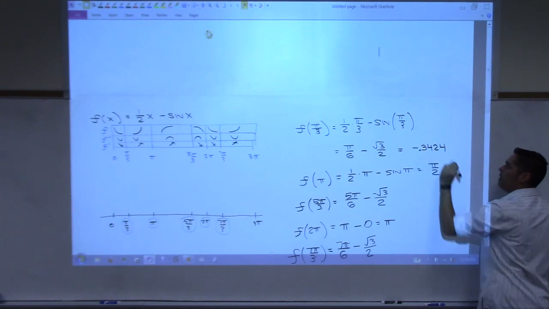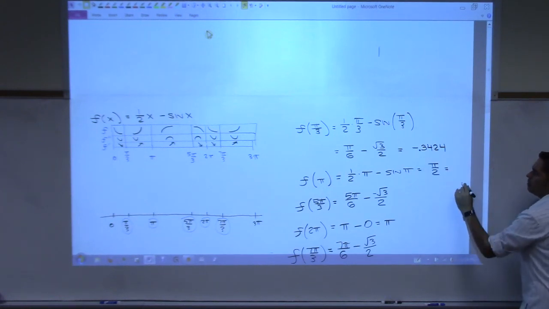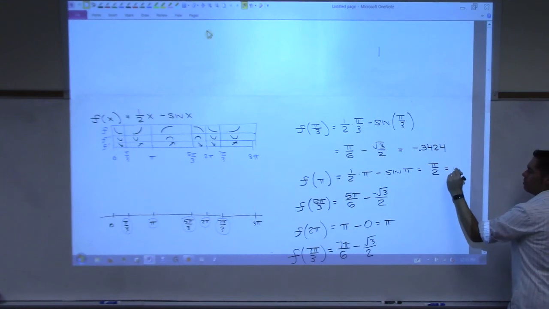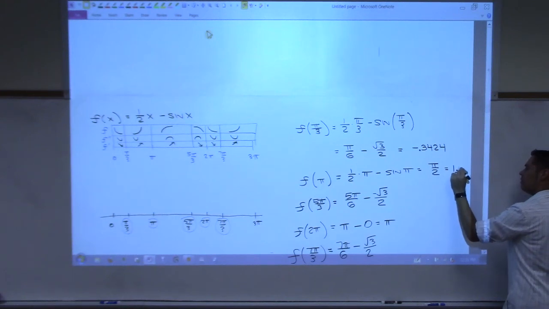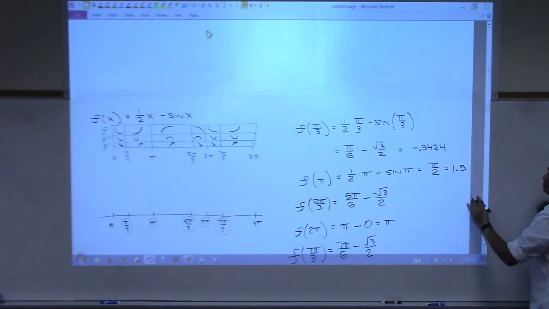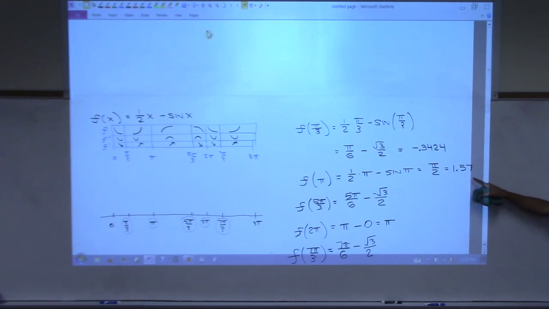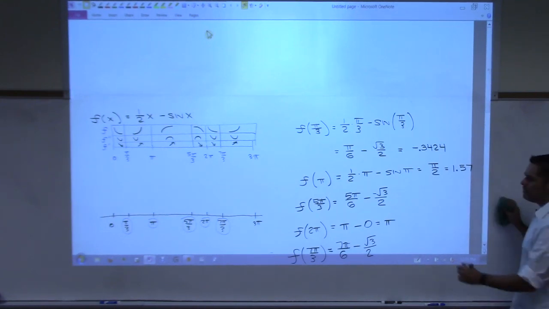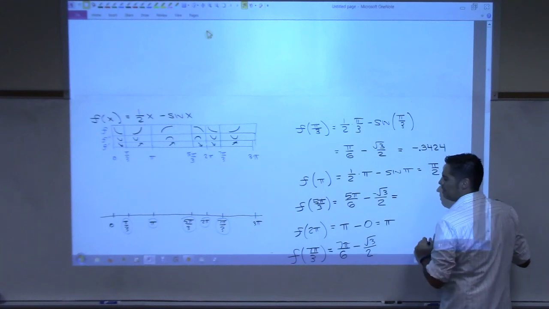Okay, that's fine. Okay, and then pi over 2, 1.5 something? It's showing me decimals. Do you get 1.57? Yes. Okay. And then at 5 pi over 3, what comes out here?